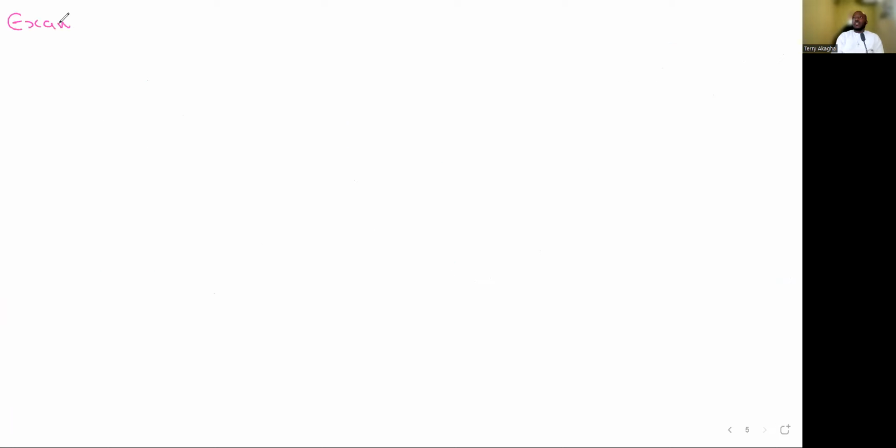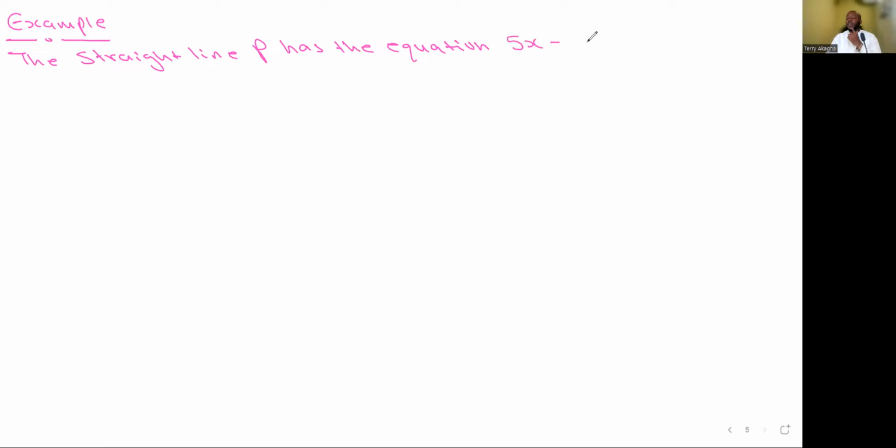Let's assume we have this question. We have the straight line. We're told that the straight line P has the equation 5x minus 6y plus 10 is equal to 0.